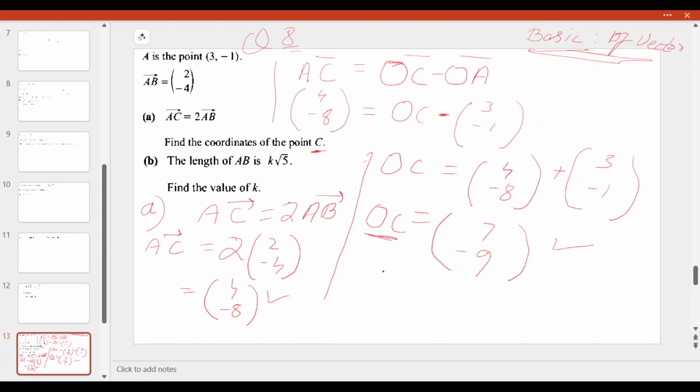This is the answer. Why do we write this point as OC? In vector form, the point C can always be written as OC with reference to some origin. The coordinates of point C are 7 and minus 9 if we write this in coordinate form.